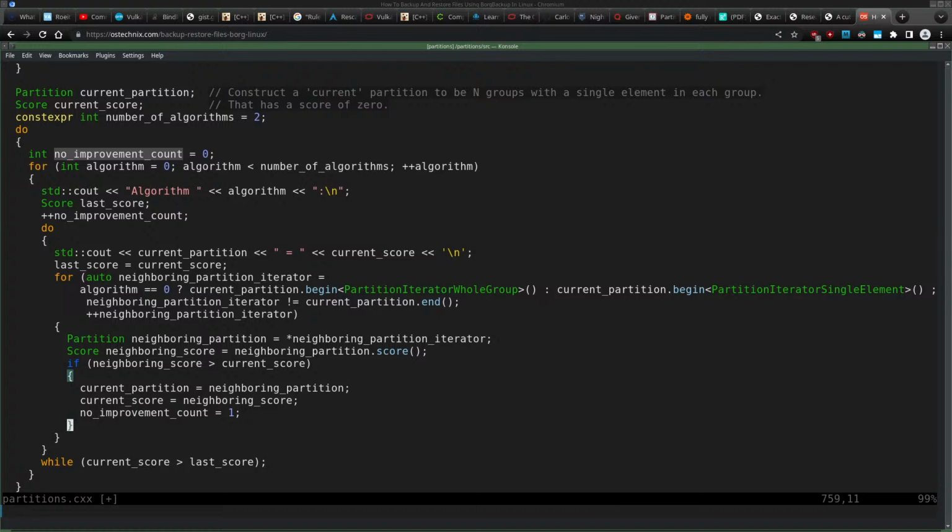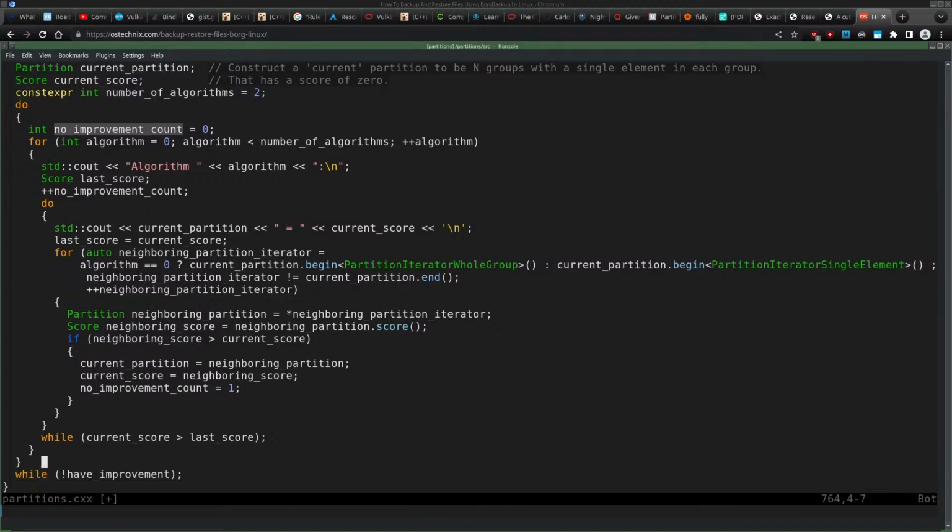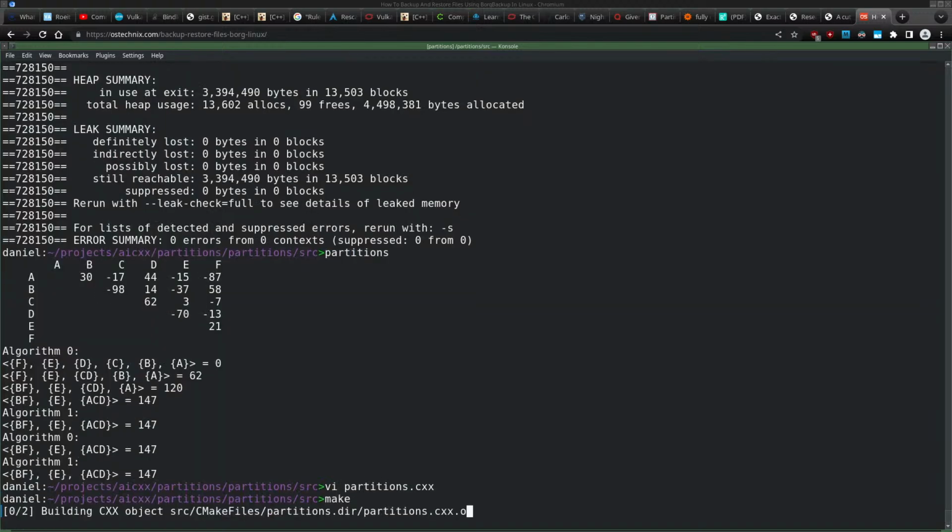It's kind of a reset then. I think this works. And then not have improvement means that the no improvement count equals the number of algorithms. Duh.